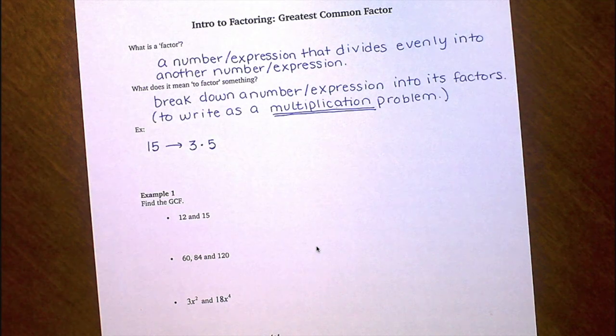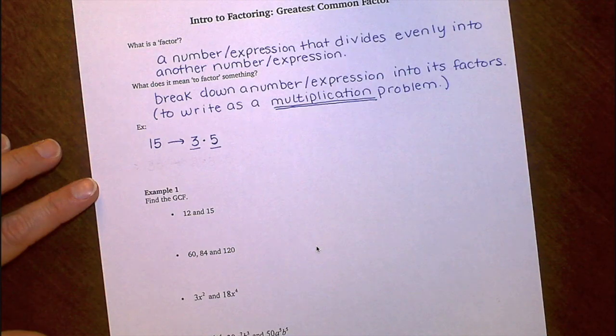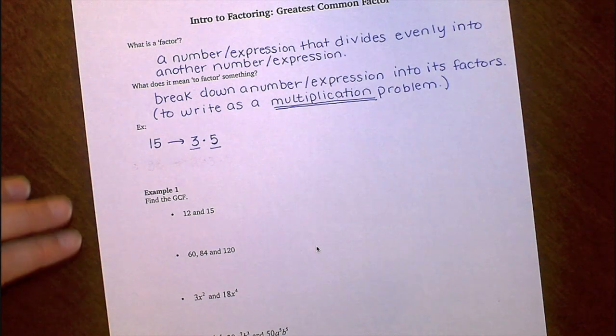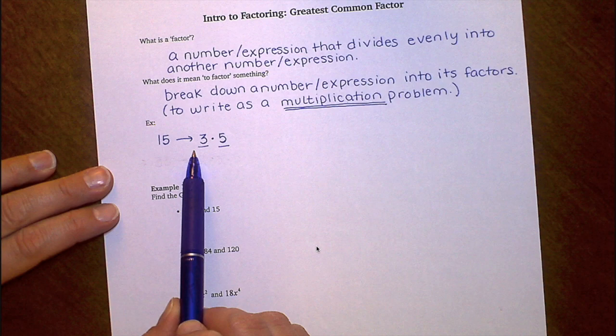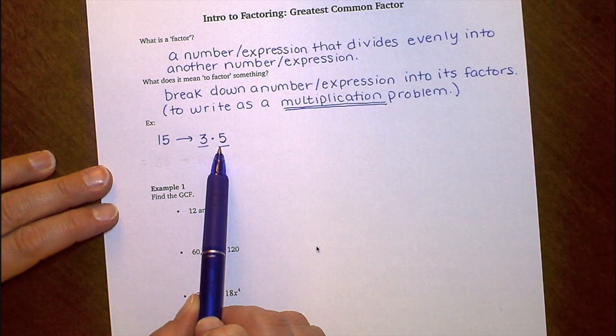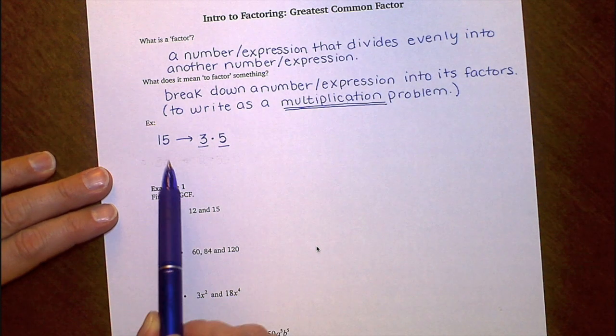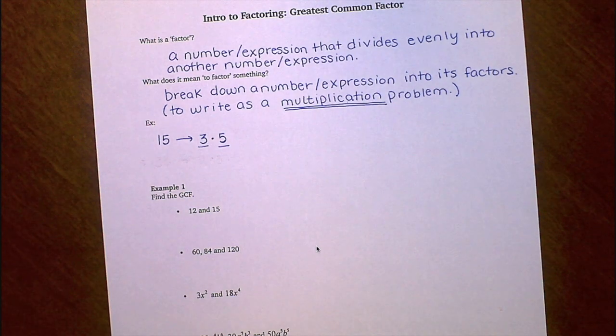Okay? But like I said, today we're really not even doing any true factoring. We're just talking about a concept called the greatest common factor. So the greatest common factor deals with factors. So like back here we said 3 and 5 are both factors of 15, correct? But we're going to be looking at factors of two different numbers.